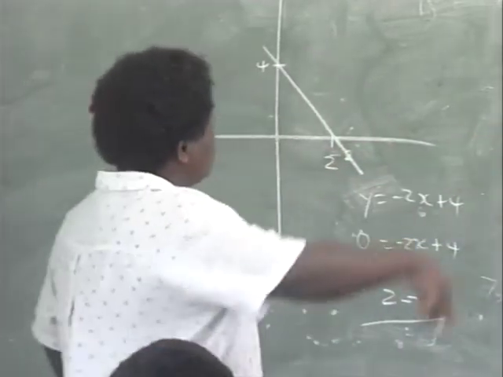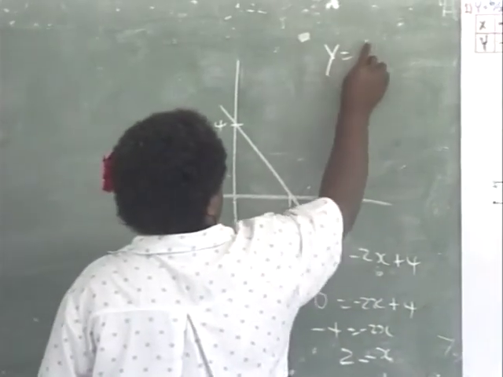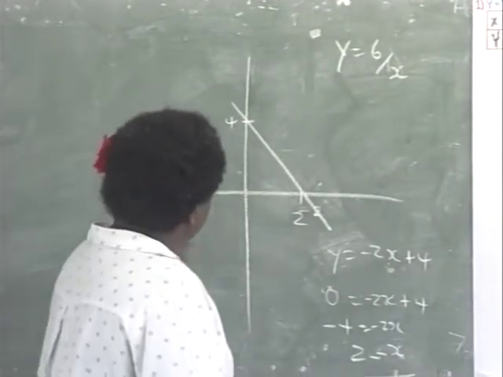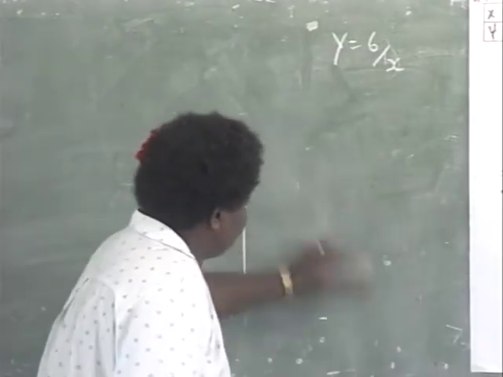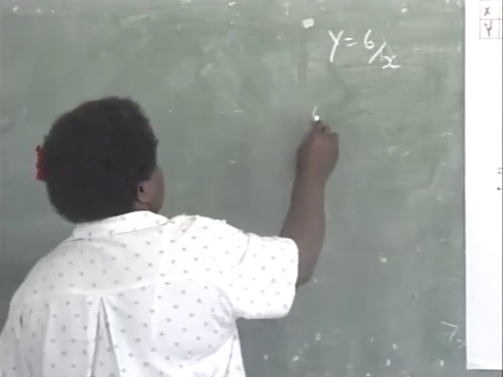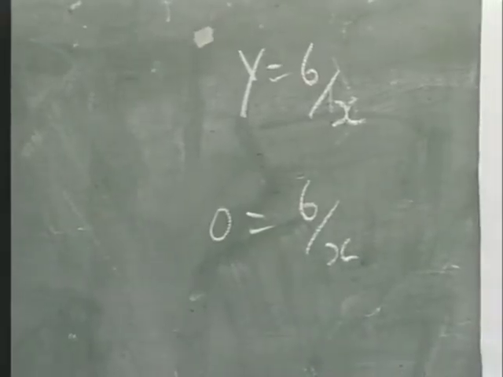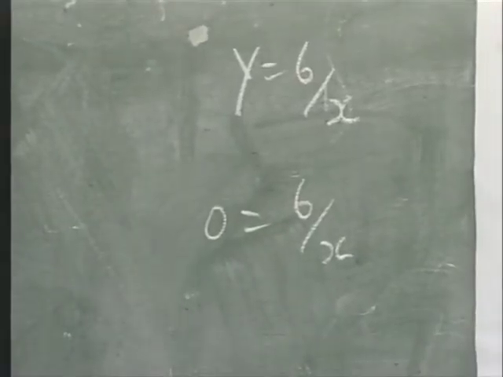The equation of this graph is y equals 6 on x. If I make y 0, I will get 0 equals 6 on x. What's the value for x when y is equal to 0 in this case? You're saying 0.